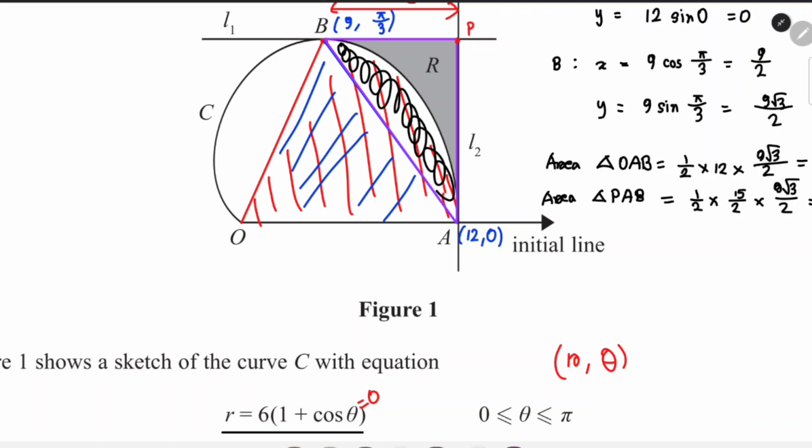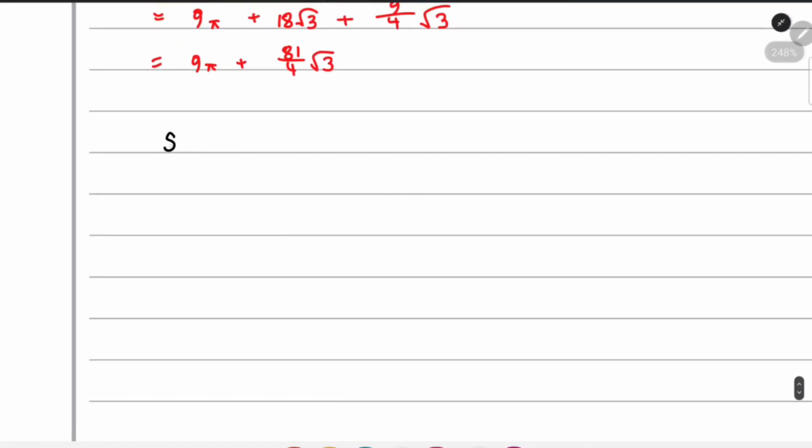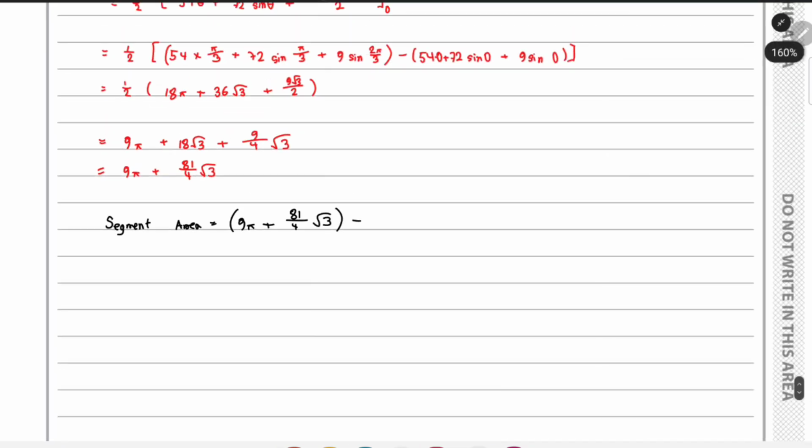Now if I want to find the segment area, I need to subtract the area of triangle OAB. So this sector area is this expression over here, and now I need to subtract the area of triangle OAB.